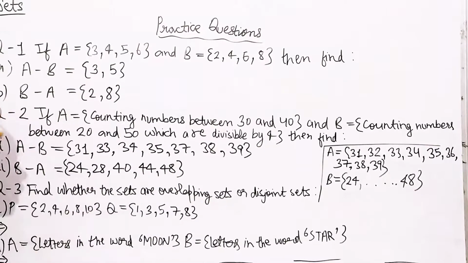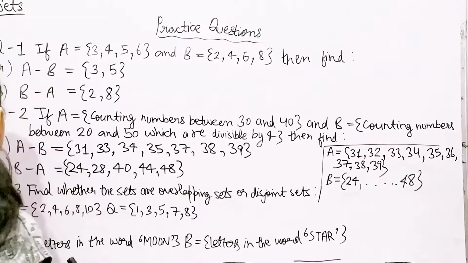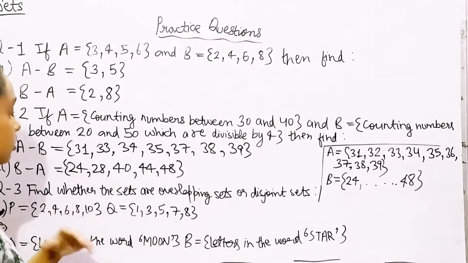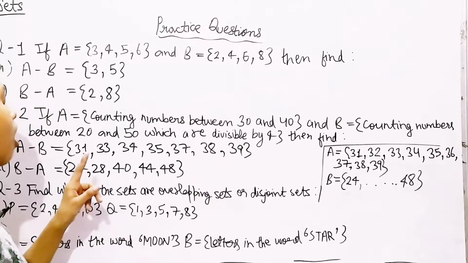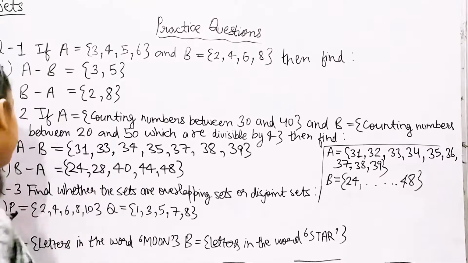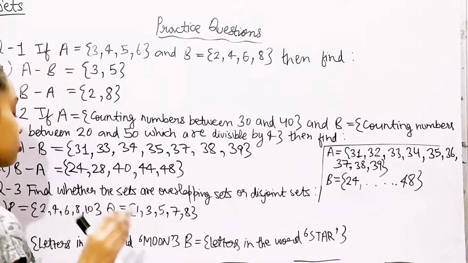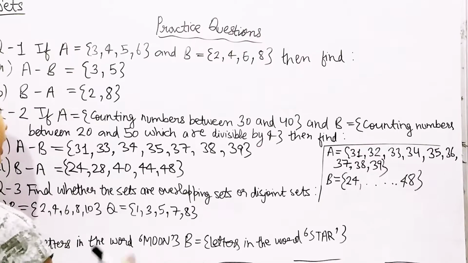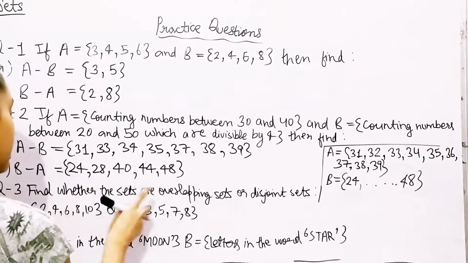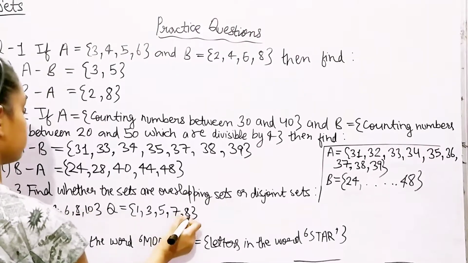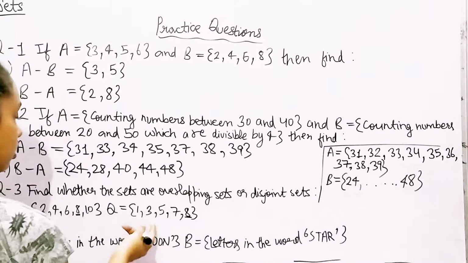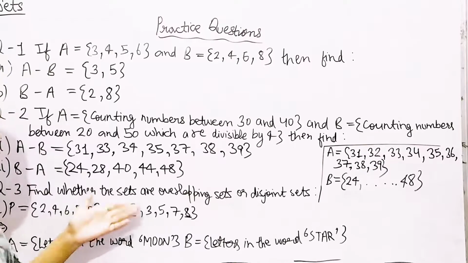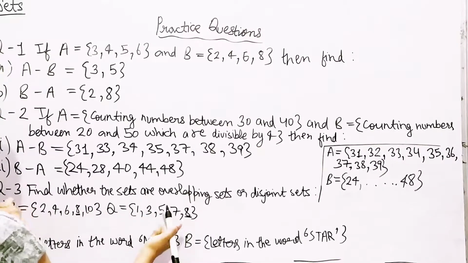So let's solve the first part. Set P is equal to the elements 2, 4, 6, 8, 10, and set Q is equal to the elements 1, 3, 5, 7, and 8. First we have to find whether there is any element which is common. Element 8 is common, else nothing is common. We don't have 2, 4, 6, or 10, and we don't have 1, 3, 5, or 7.